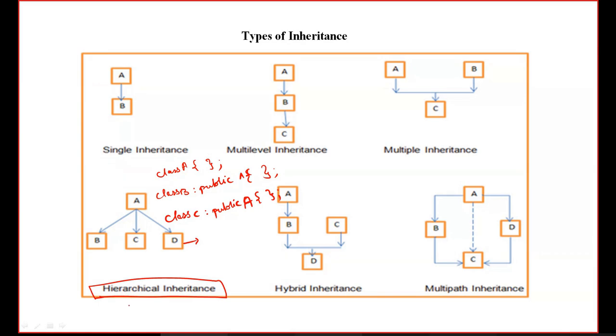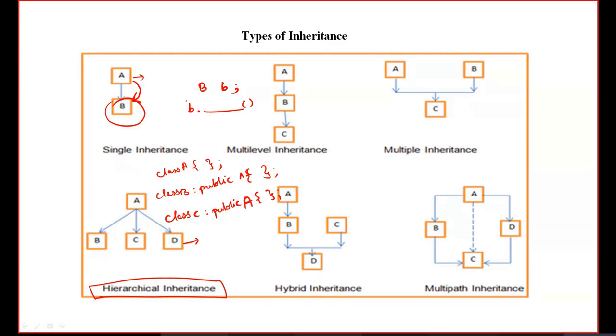And remember, no matter whatever inheritance it is, we always create objects of the derived class. Objects are created of the derived class only. The reason is we don't need to create an object of the base class, simply because whatever was to be inherited has already been inherited in the derived class. So if I create a derived class object as small b, with the derived class object, I can access almost everything which is required.